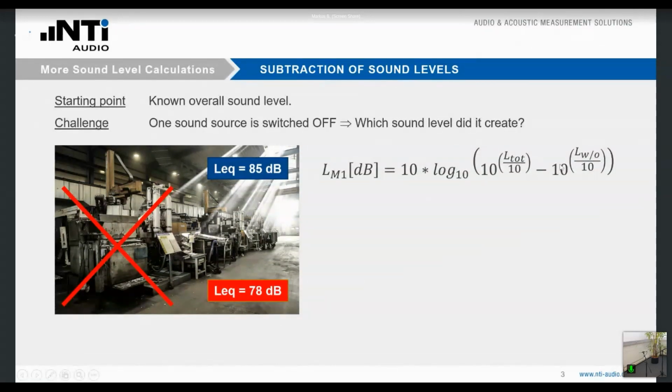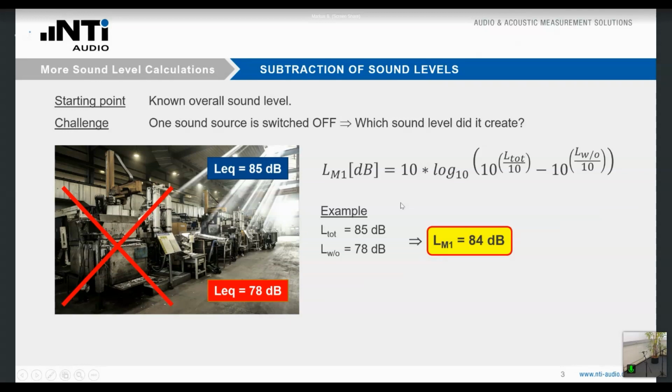When we enter these values and calculate, we receive the noise that is originating from the specific machine. With the two values I have just mentioned, 85 and 78 dB, we find out that the machine itself is contributing with a level of 84 dB.